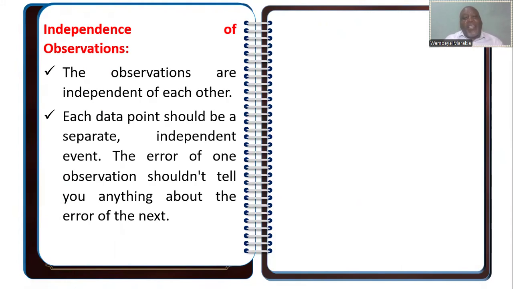So when you are fitting these independent variables into the software that can calculate multiple linear regression, the error of one of the independent variables should not be affected by the other. And as such, if one independent variable can tell you about the error of the other one, it means that you don't have independence of observations.